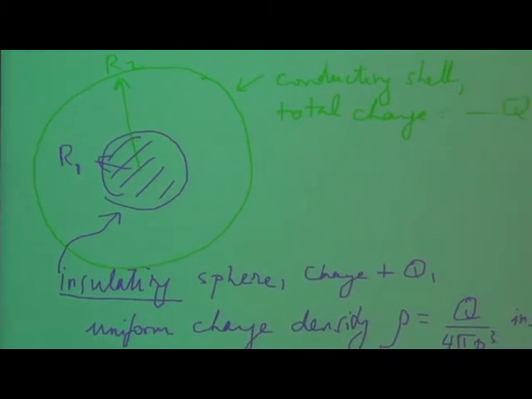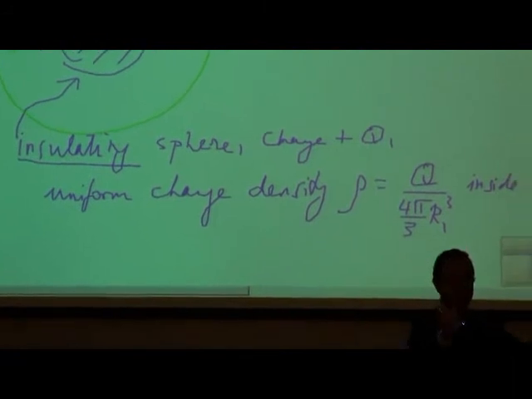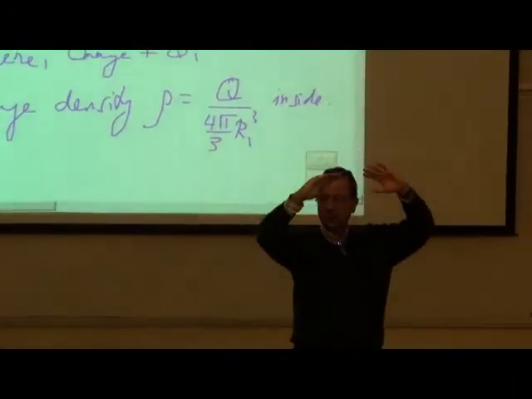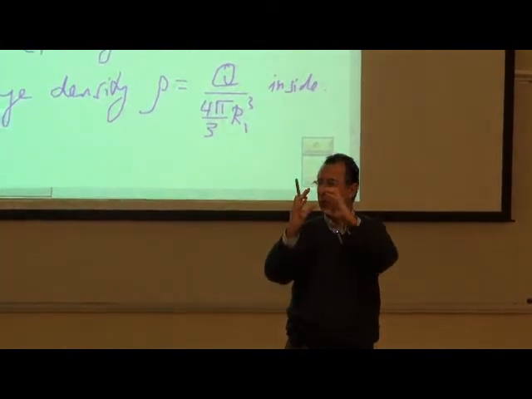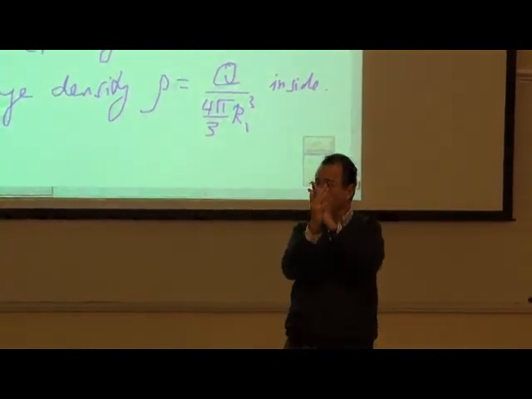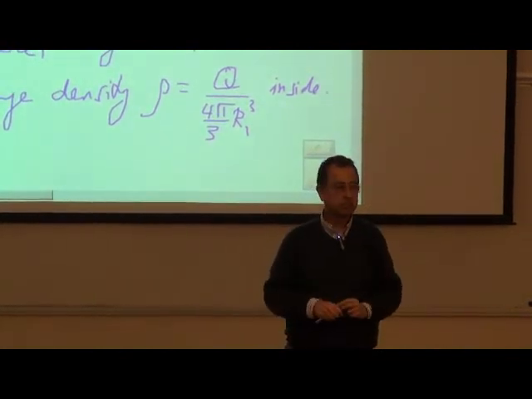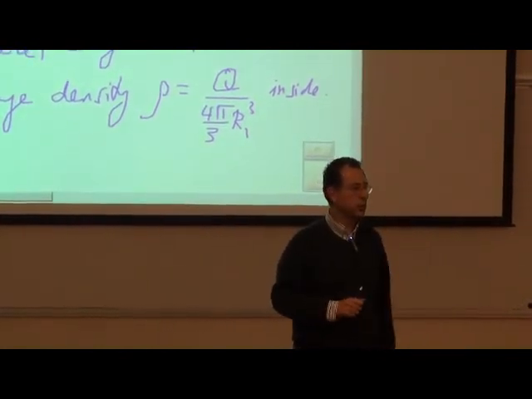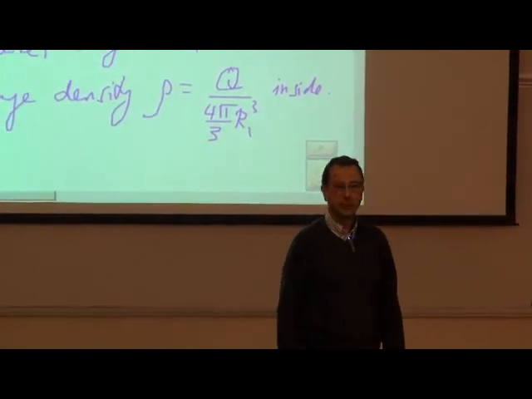And the total charge on this conducting spherical shell is minus Q, whatever it is. So you have plus 3 coulombs on this ball and minus 3 coulombs on this enclosing shell. Use Gauss's law and calculate the electric field everywhere. Okay?